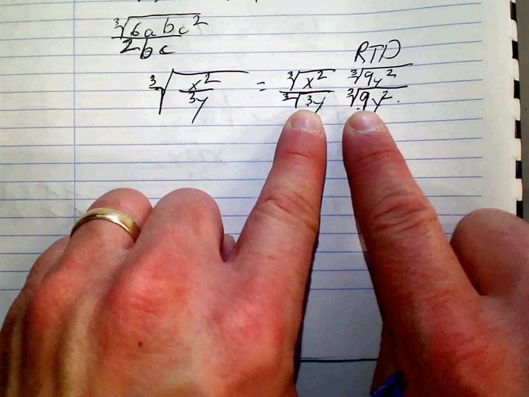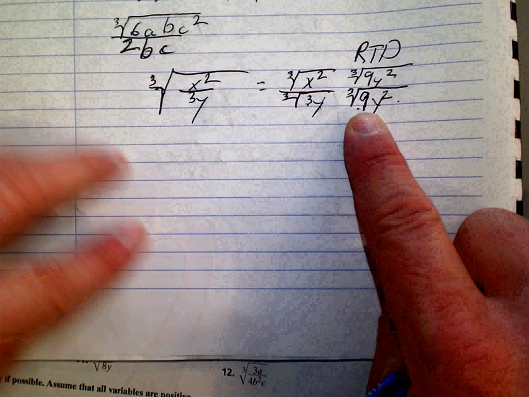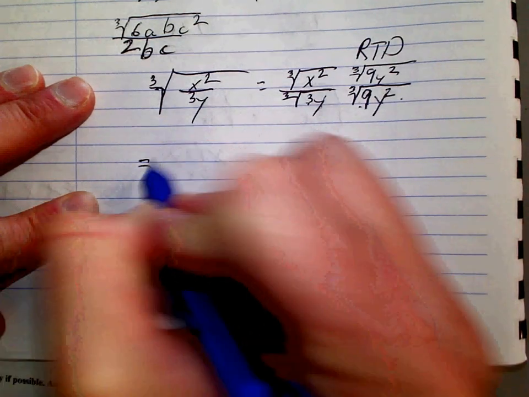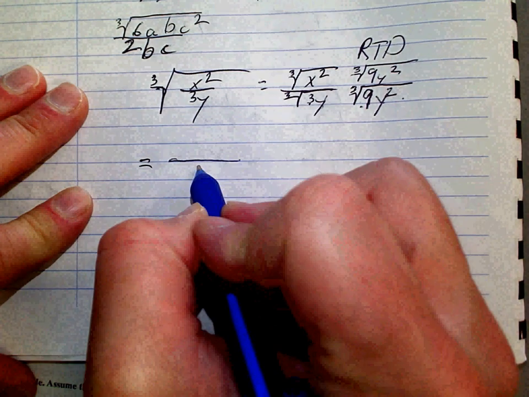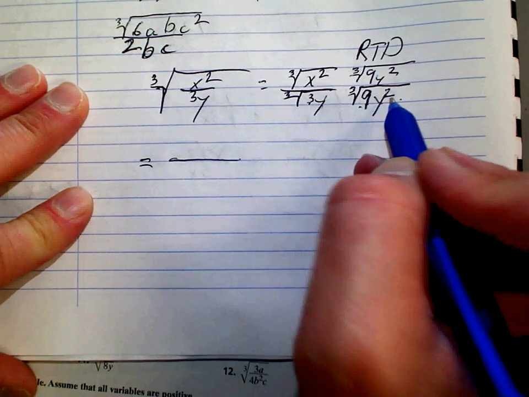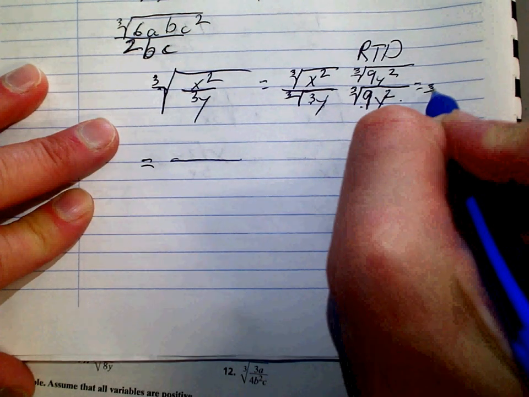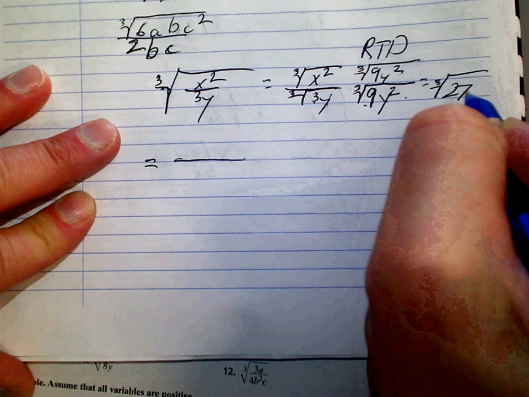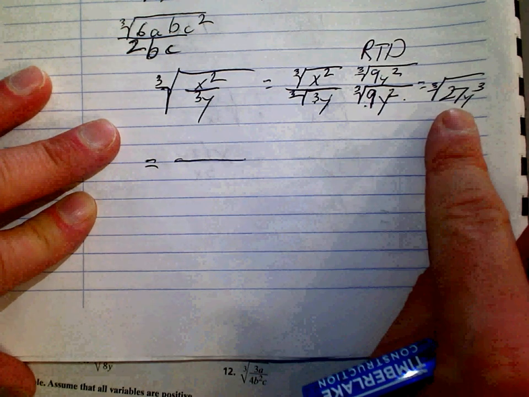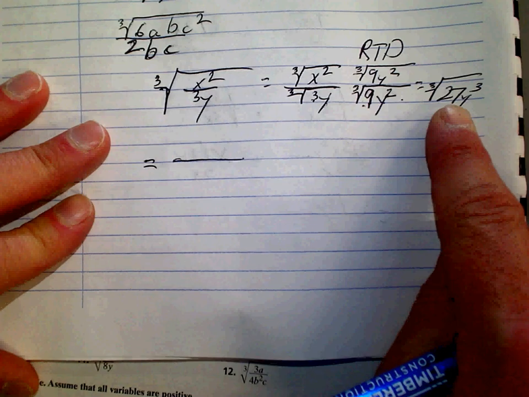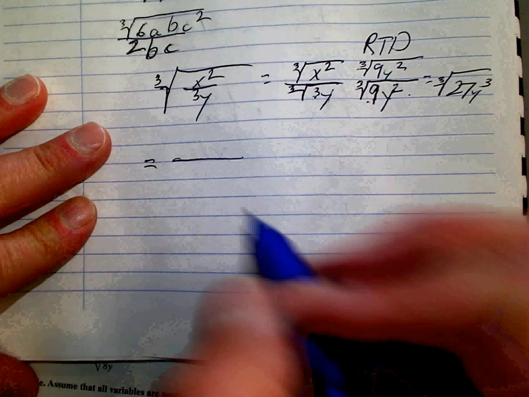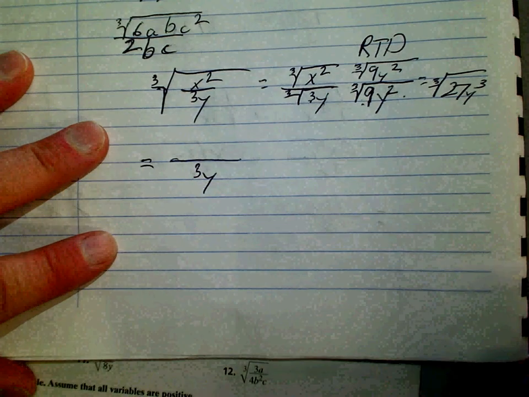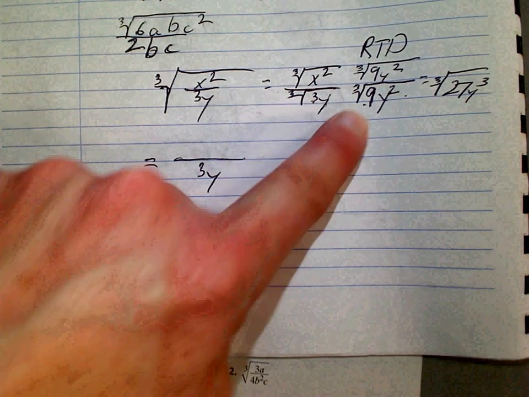What would that denominator now equal? Cube root of 27y cubed. Yes, which is what? What is the cube root of 27? What's the cube root of y to the third? So 3y is our denominator. By rationalizing, we were able to get the radical sign off and it leaves the 3y.